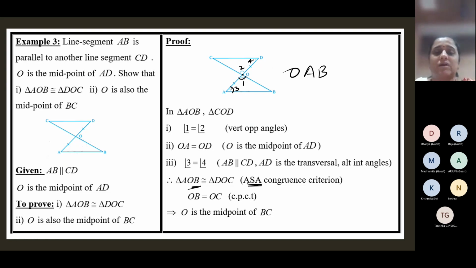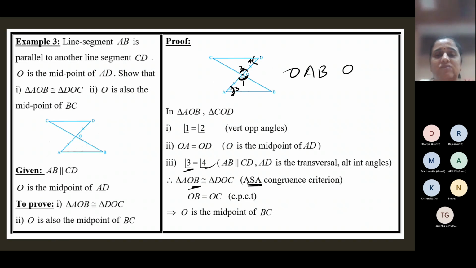Angle 1 is O, angle 3 is A, then the third vertex B. Now correspondingly, for angle 1 it is angle 2 in the second triangle. So again O, because it's O in both triangles. Angle 3 goes with angle 4 because 3 is equal to 4.